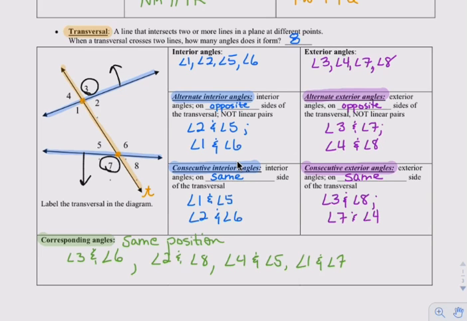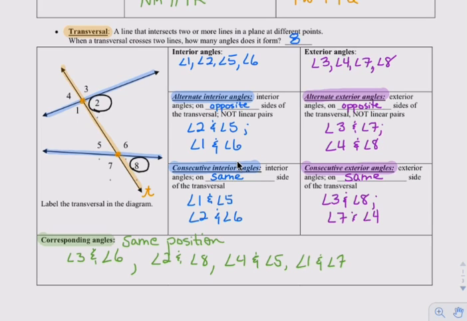They're alternate because they're on opposite sides of the transversal, and then exterior because they're outside the two blue lines. Then you've got ones that are exterior but on the same side of the transversal, like 3 and 8. Both outside the blue lines, but both on the right side of the transversal, so on the same side, so consecutive exterior. And then finally, corresponding are going to be in the same position.